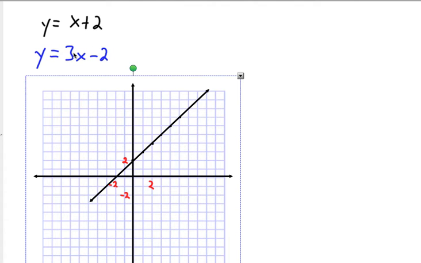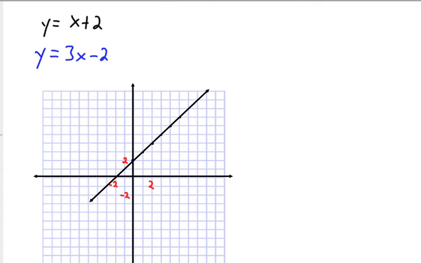And then let's graph the blue one here. So it starts at -2 for the intercept, and it has a slope of 3 over 1. So 1, 2, 3 over 1, 1, 2, 3 over 1, and we can make our straight line in blue, starting down here and going up through there.